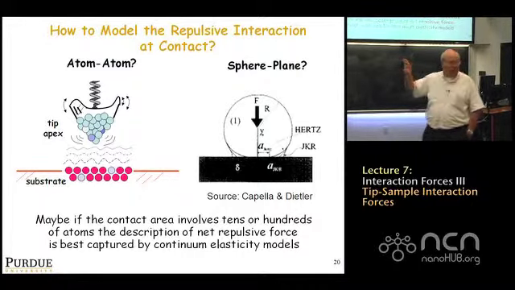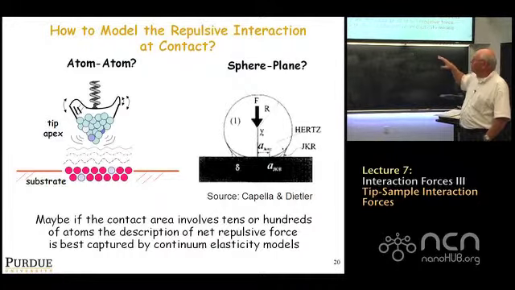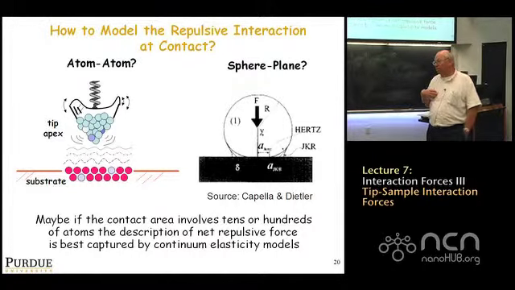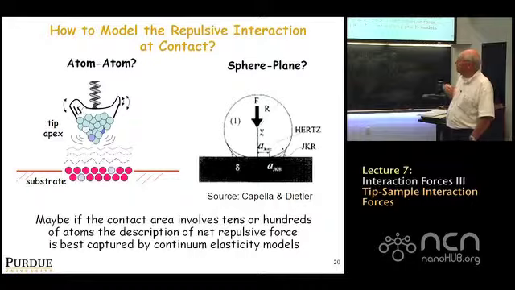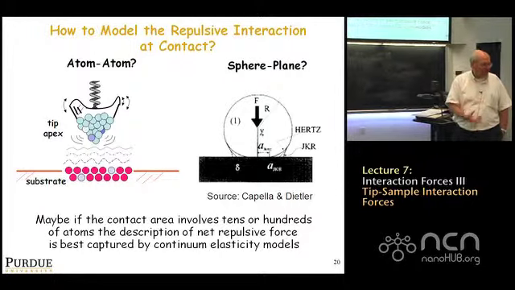Our friends in the engineering community say, well, maybe, if the contact between the tip and the substrate involves tens or hundreds of atoms, if there's a macroscopic number of atoms involved, then maybe we can just use continuum models. We can model the tip as a continuum sphere, the substrate as a flat plane, and maybe we can use continuum elasticity to discuss the interaction of the tip with the substrate.